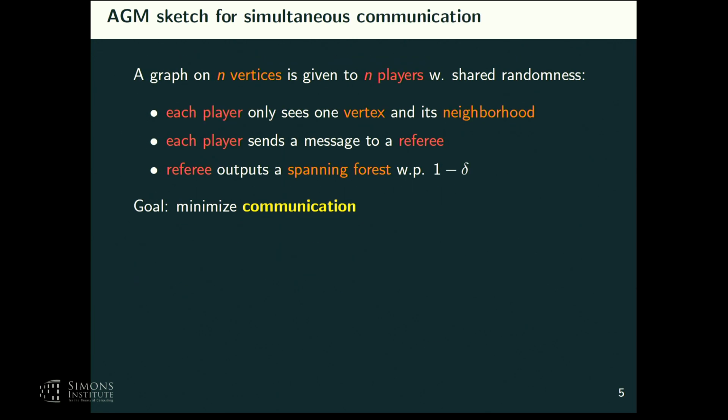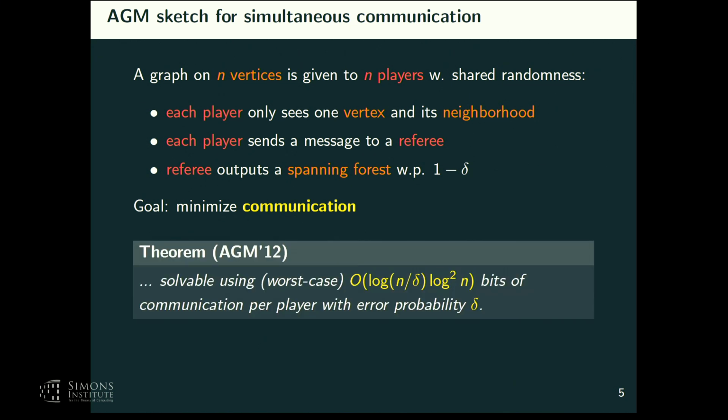The same solution, the AGM sketch, also gives an efficient communication protocol for this simultaneous communication game, using worst case log of n over delta times log n squared bits of communication per player with error probability delta for any delta greater than 0.